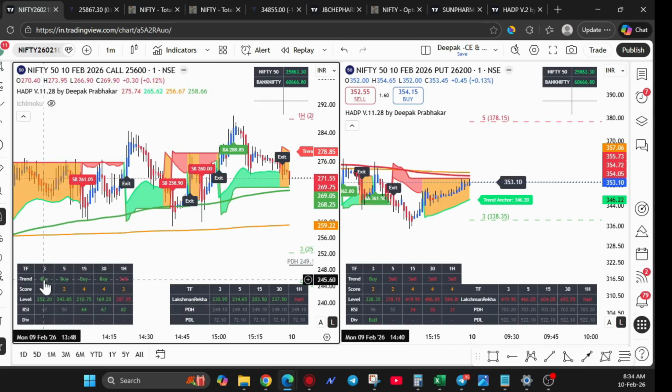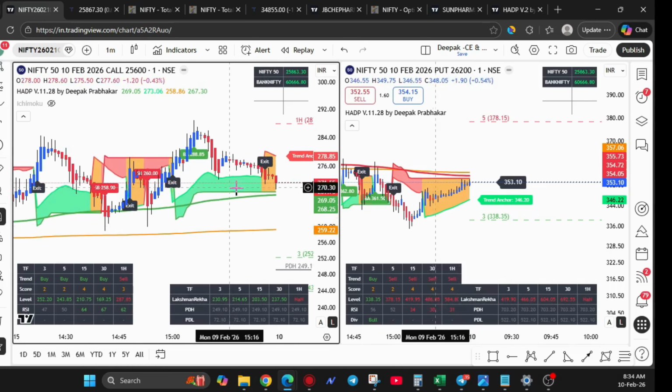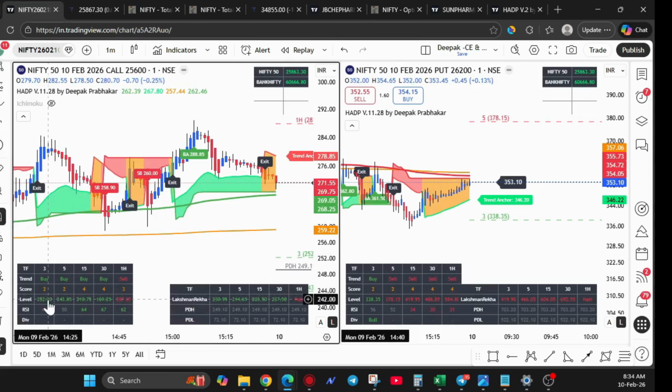So in this case, 1 minute is in buy with this green trend, and the 3 minutes is also into buy, right? 5 minutes is into buy, 10 minutes, 15 minutes is in buy, and 30 minutes is also into buy.